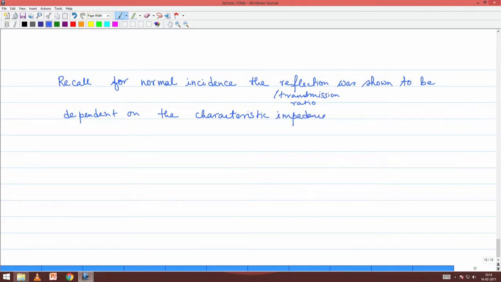Okay. This was the crucial quantity, and you will recall characteristic impedance was given by rho c.